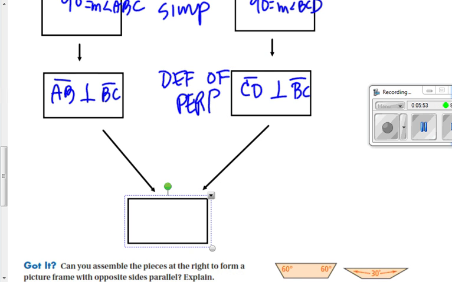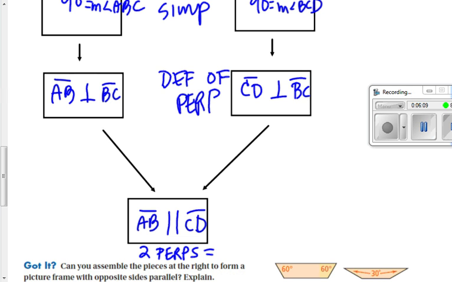So right here we get AB is parallel to CD, and that's Theorem 3.8, but we're going to call that the two perpendiculars equals parallel theorem. All right, I'm going to let you try one.